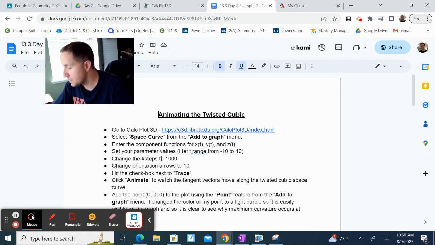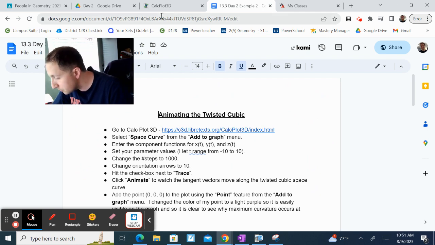I think the default is 500, change it to 1,000. It'll ask you how many orientation arrows you want, change it to 10. Hit the little checkbox that shows up next to the trace, and then animate it, and you can watch those tangent vectors move along the twisted cubic curve.